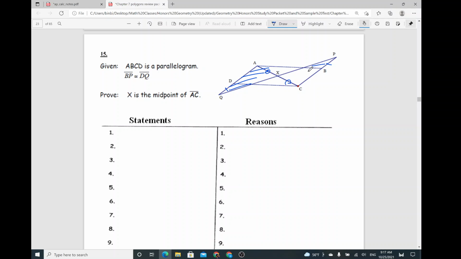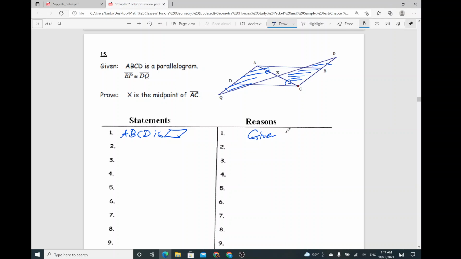In order to show that, one thing we notice is BP is congruent to DQ, and we know that ABCD is a parallelogram, given.